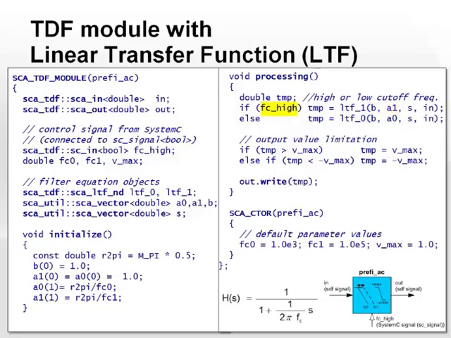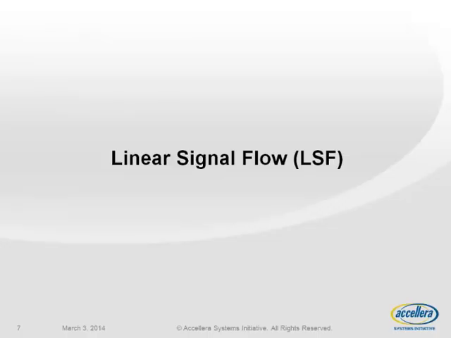So according to this value, sometimes you will do this and sometimes you will do this. This is just simple code in the processing function to limit the output value. The way you set up a filter, first you define the variables, then you initialize them in the initialize function, and then you use this kind of construct in the processing function to perform the filtering within the TDF context.